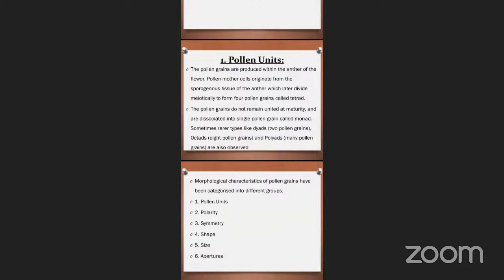Sometimes rarer types like dyad, that means two pollen grains attached together, so that condition is called a dyad. Octad, eight pollen grains, and more than that is considered a polyad condition. So 90% of pollen grains are in monad condition, but very rarely we can observe the polyad condition. In polyad condition, the best example is acacia pollen.